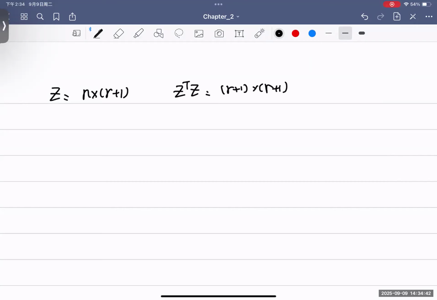Sometimes we know invertible means the eigenvalues of this term are all non-zero, so we can state that this guy is invertible.